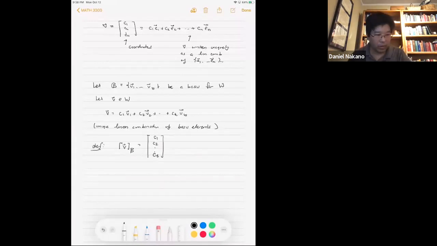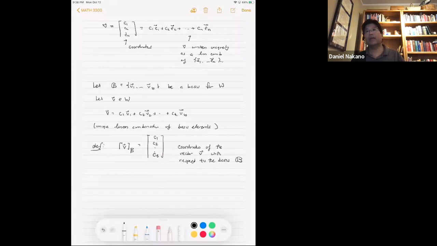Okay, so these are the coordinates of the vector v with respect to the basis beta.